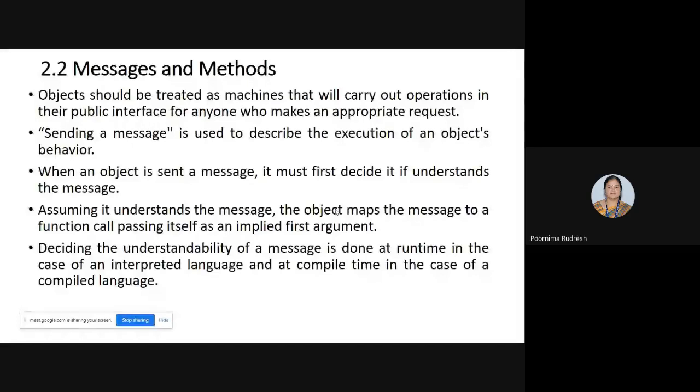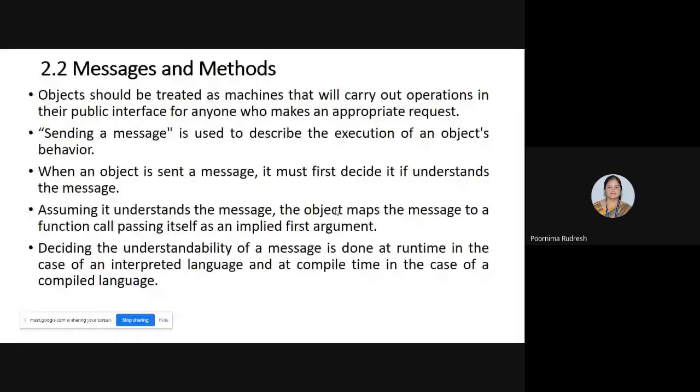As we know, in a class we will have a set of objects. Each class will interact with other classes, or each object talks to other objects within a class.